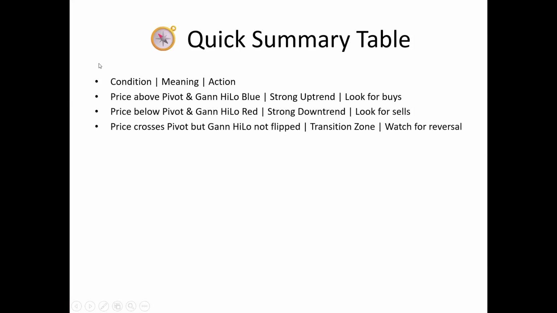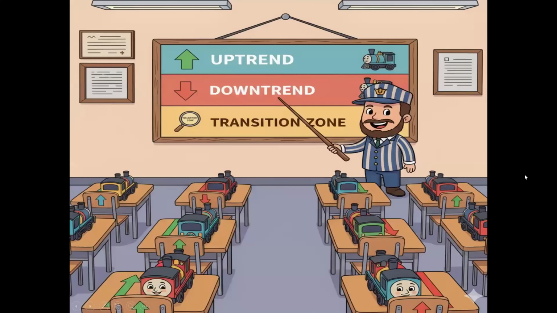That is a must. You just take this screenshot and write it on your table so that it will make you alert at every wrong step. Don't take any wrong step. So remember the uptrend, remember the downtrend, and remember the transition zones.